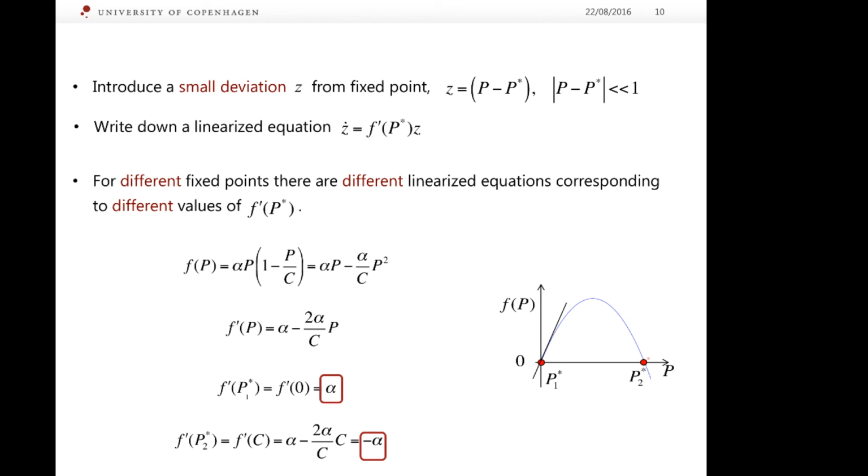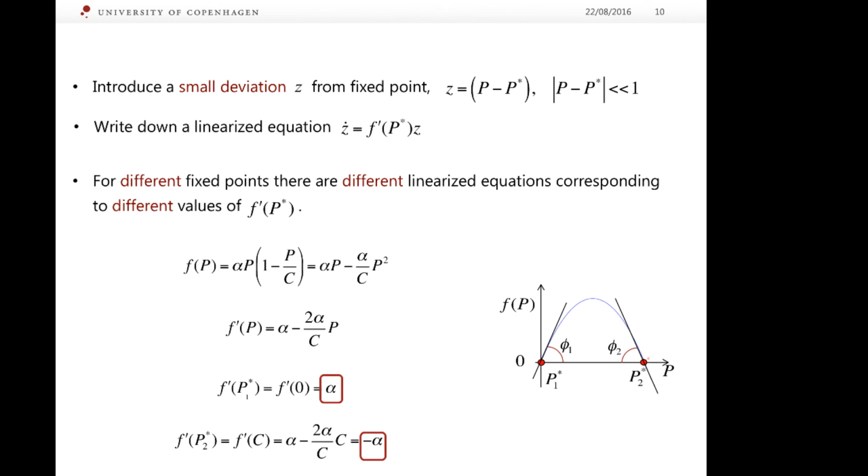On the graph of f of p as a function of p, it means that the slope of the tangent line to the function f at the first fixed point appears to be a positive number, and the slope of the tangent line at the second fixed point appears to be a negative number.